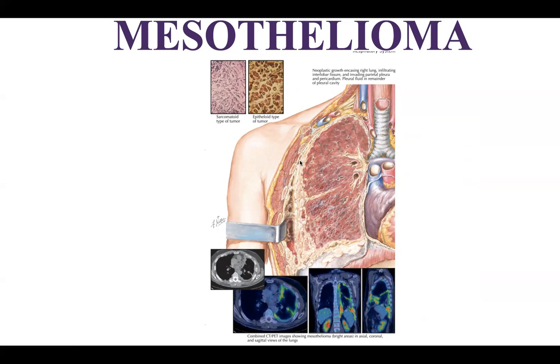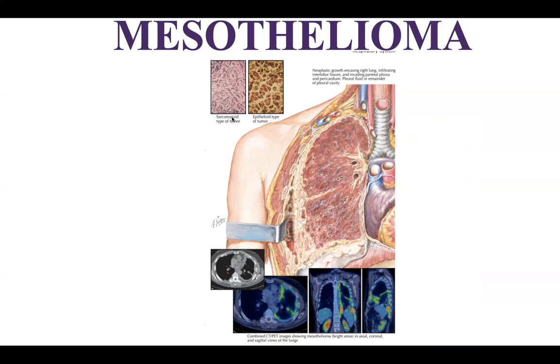It is totally a parietal pleural tumor, but in extensive stage, this parietal pleural tumor invades the visceral pleura and also the fissures and even diaphragm and mediastinum. So there are two main types of mesothelioma. One is epithelioid type.